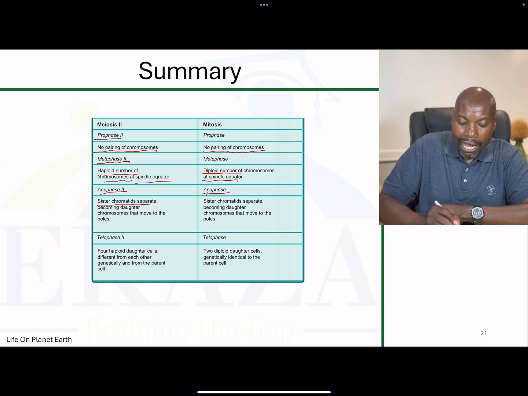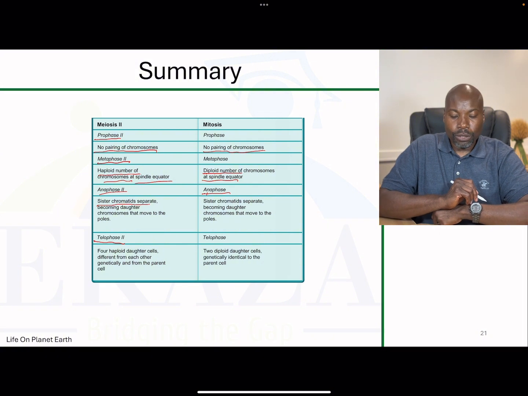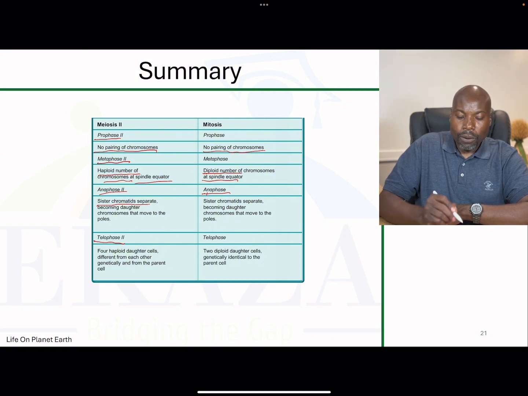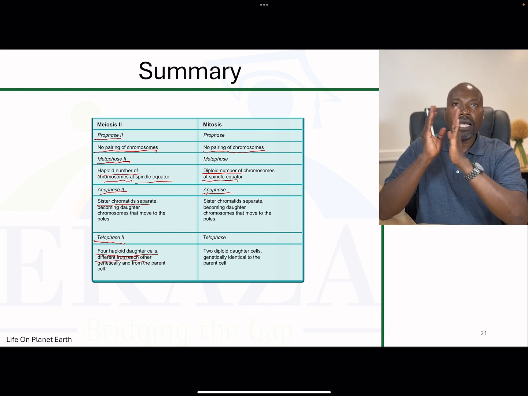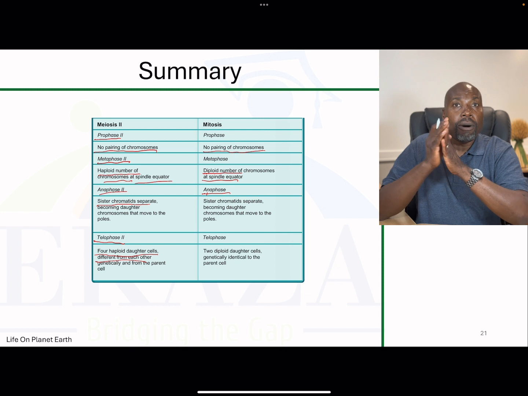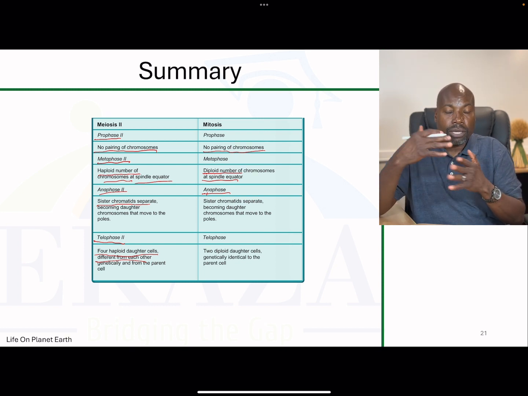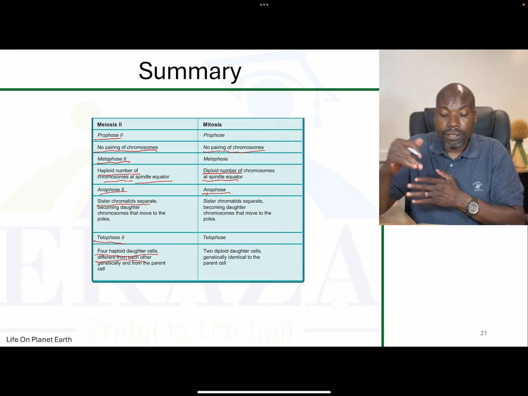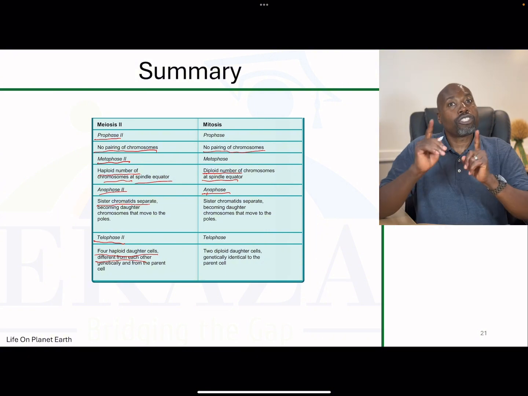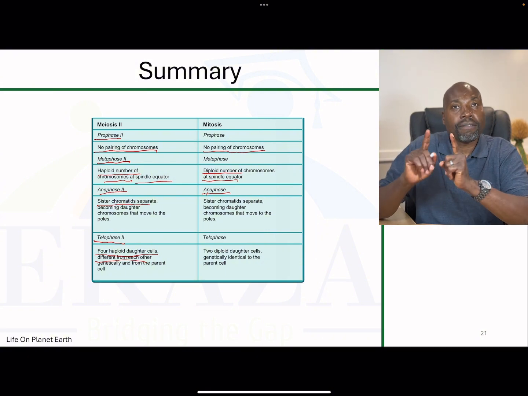Then in telophase 2 of meiosis 2, we have four haploid daughter cells that are genetically different among themselves and different from the parents.